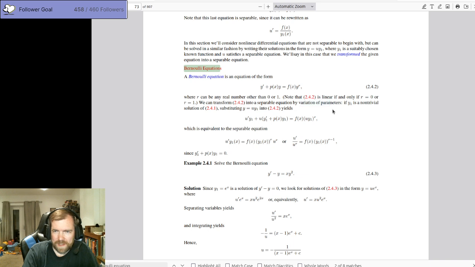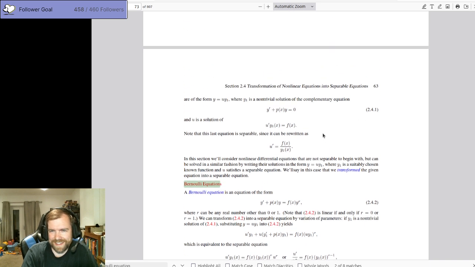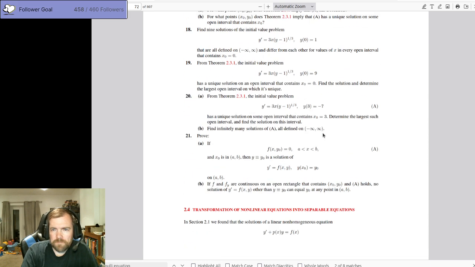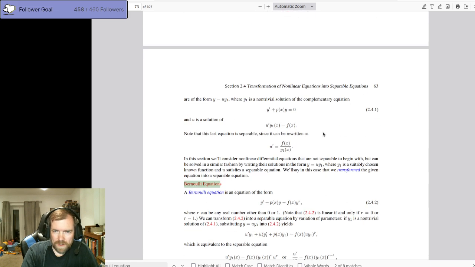Variation of parameters. Hey. We haven't talked about that yet. Yeah, we did that stuff. Yeah, u prime is equal to f of x over y1.